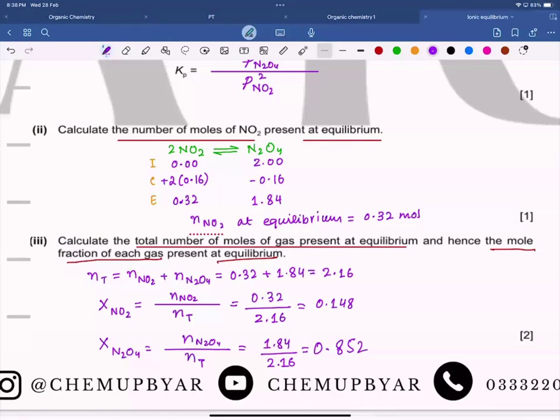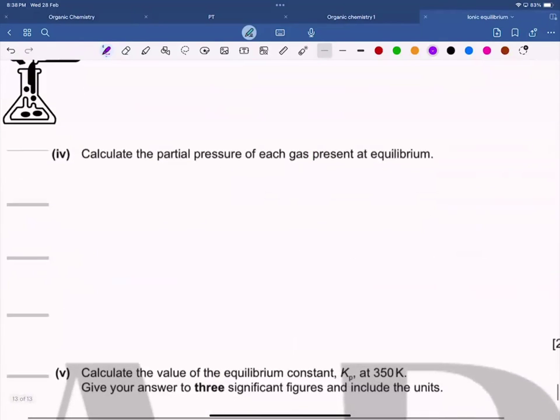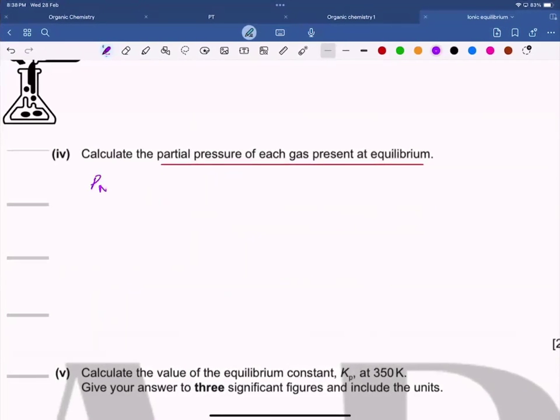Now we got the mole fractions. Now see what they are asking. Calculate the partial pressure of each gas present at equilibrium. So the partial pressure formula was, if I have to find the partial pressure of NO2, then it equals the mole fraction of NO2 multiplied by total pressure.